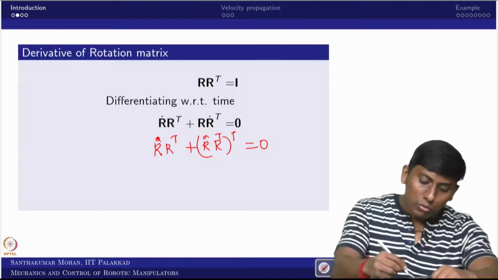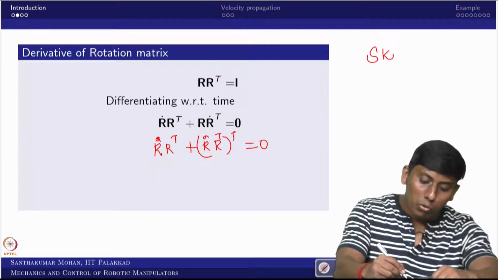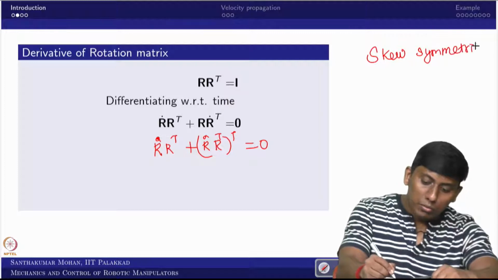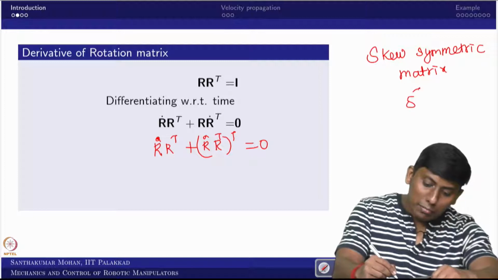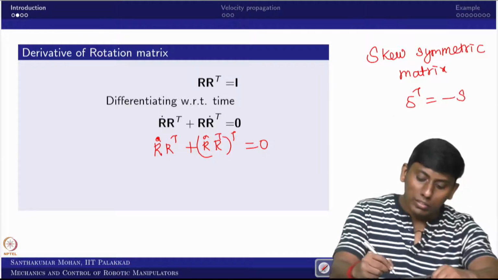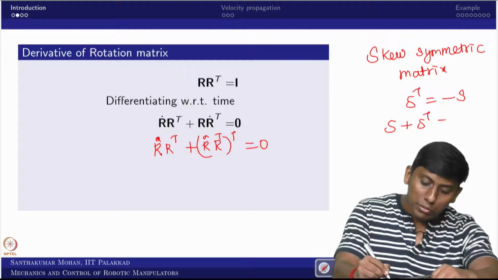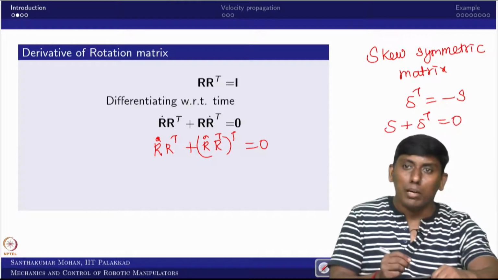So you might have studied skew symmetric matrices. A skew symmetric matrix is nothing but one where S transpose equals minus S, in the sense S plus S transpose equals 0. This is very similar to that form, right?